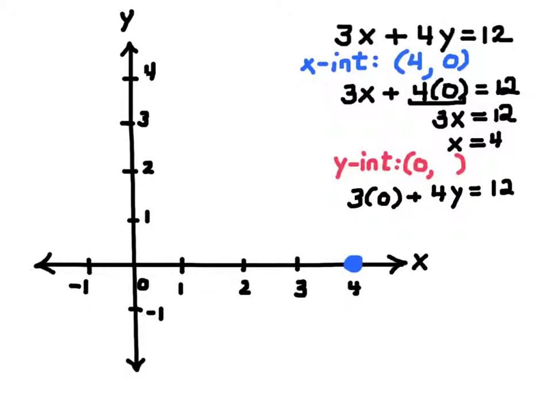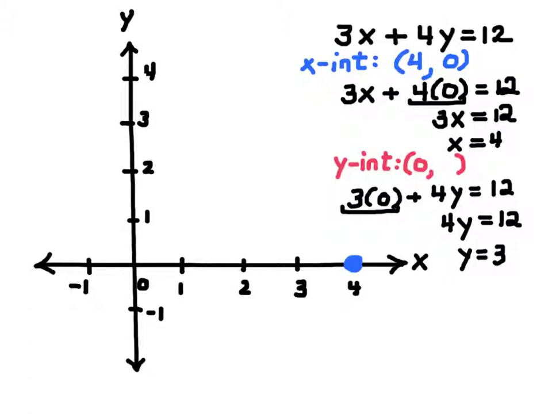Now, 3 times 0 is 0, so this goes away, and we end up with 4 times y equals 12. Now we want to solve for y, so keeping our equation balanced, we'll multiply both sides by 1/4, and we get y is equal to 12 times 1/4, or 12 divided by 4, which is 3. So this means that when x is 0, y is 3.